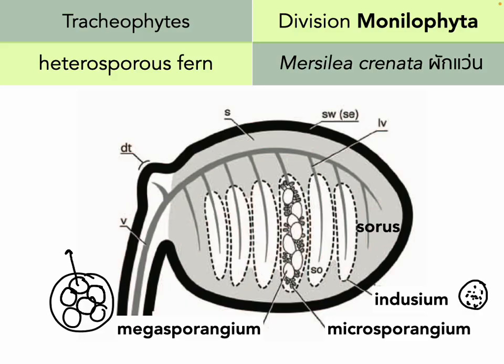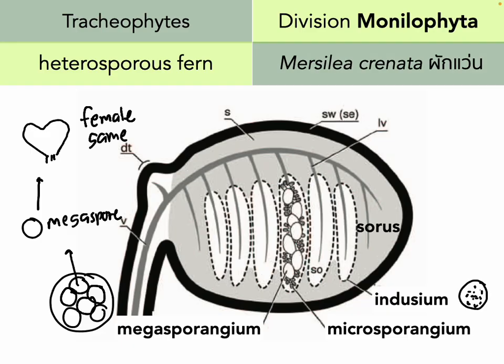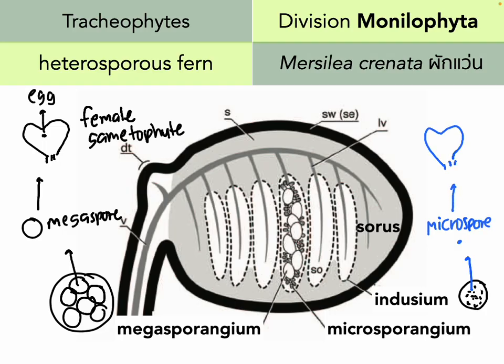So each megaspore germinates into a gametophyte, but this is only the female gametophyte, and they only produce egg. Whereas the microspore, the tiny one here, produces their own gametophyte.